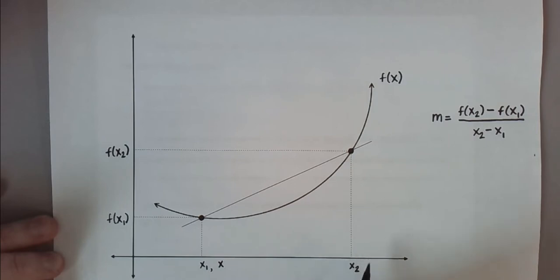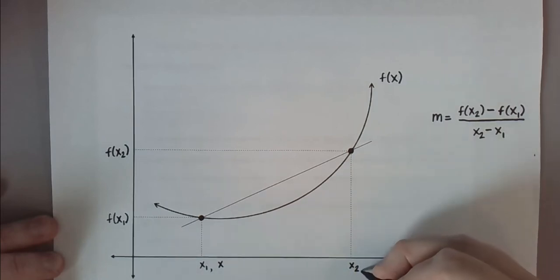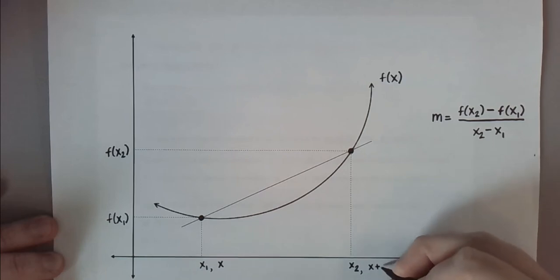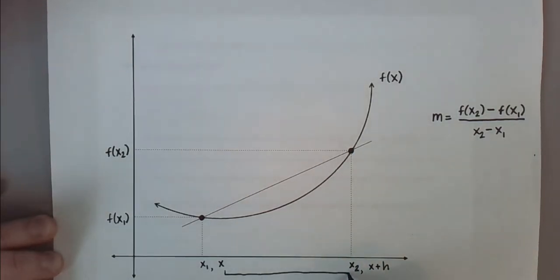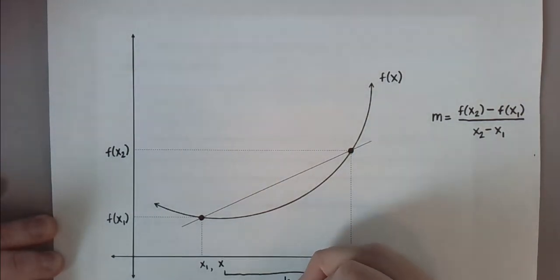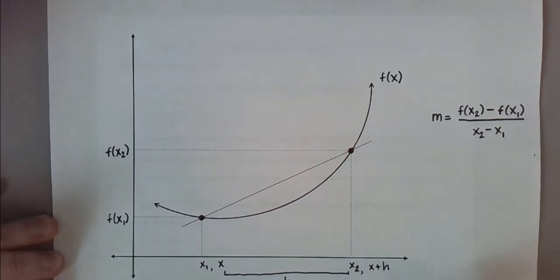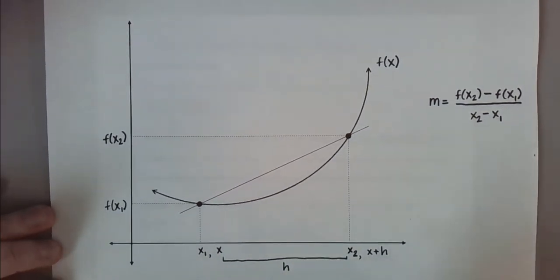Well, this particular x value in terms of x could also be labeled as x plus h. In other words, if we start at x and add some distance that we can call h, let me move that up so you can see it. We add this distance that we call h, then this would take us to a new x value that we can call x plus h. So it's just this x value plus some additional distance that we're calling h.